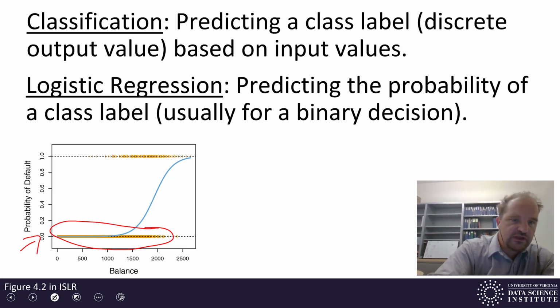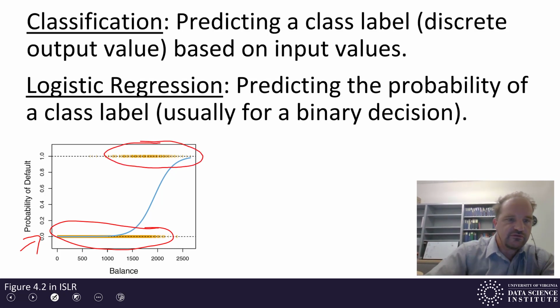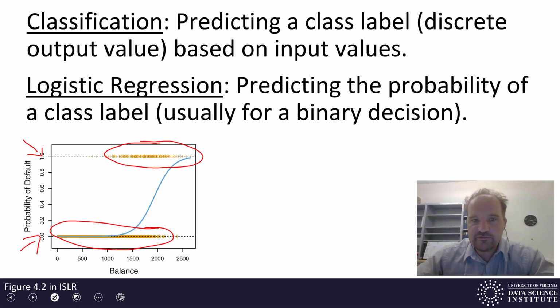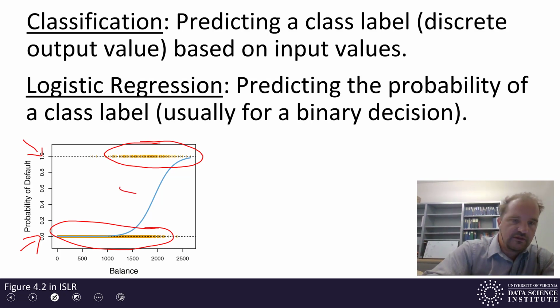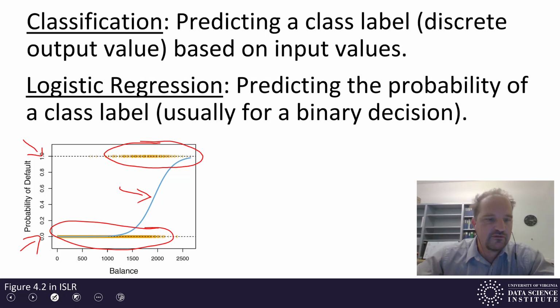Then we have some other training data where the loan holders defaulted, and those are shown up here. Because they defaulted, their probability of defaulting is 1. We try to estimate the probability of defaulting, and that's shown by this blue line. That's our estimate of the probability of defaulting based on balance. So in this video, we're going to talk about how we do that estimation of that probability function shown in blue.